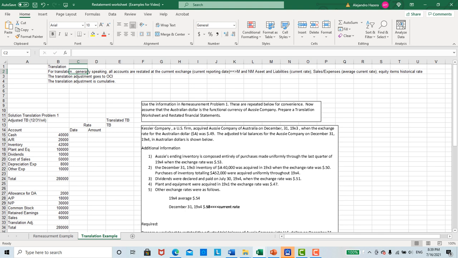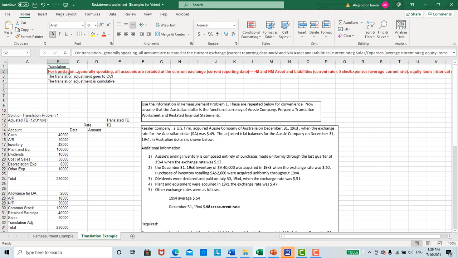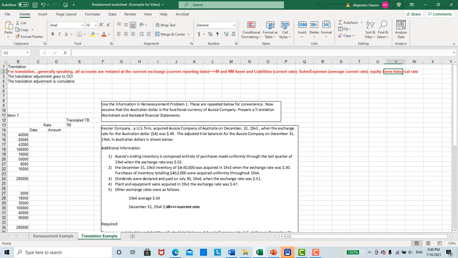In general, we're going to be looking at three items. For translation, generally speaking, all accounts are restated at the current exchange rate. That's the general rule. Monetary and non-monetary assets and liabilities, current rate. Sales and expenses, the average current rate, because we assume they occur evenly throughout the year. The equity items, we're going to use the historic rate.